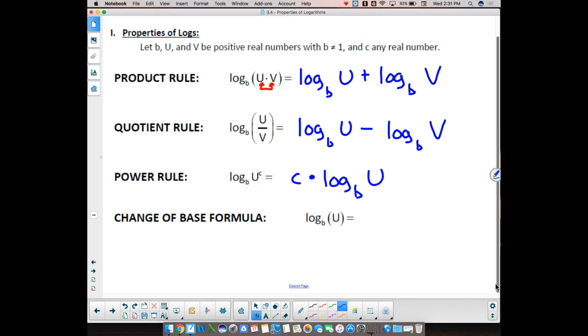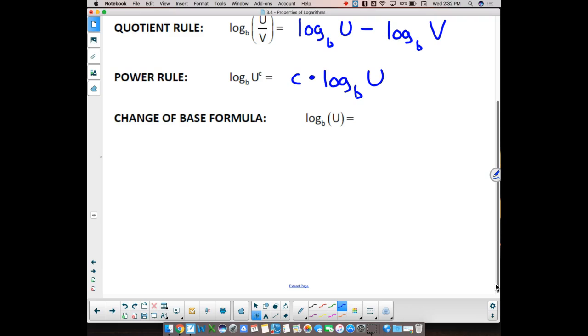Change of base formula is actually on the way bottom of your sheet 2 is where you'll also see it. But this just says that because calculators, or scientific calculators, I should say, are limited in their usage for evaluating logs, which is the word I'm looking for, we need to figure out how to change the base.